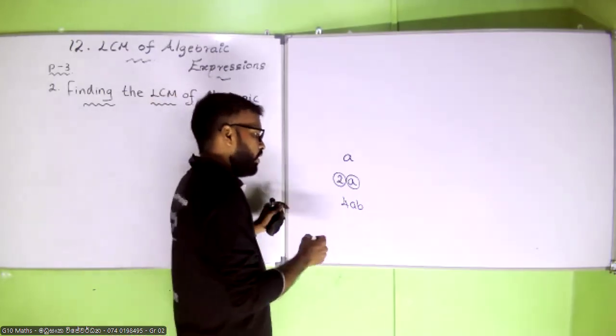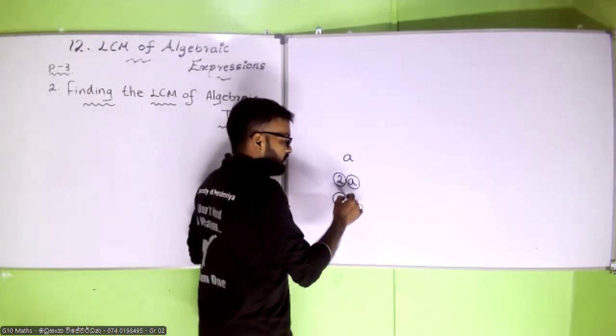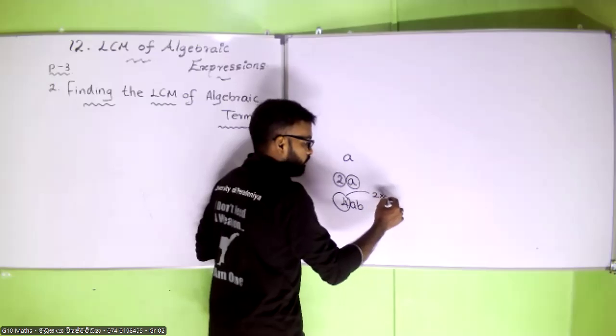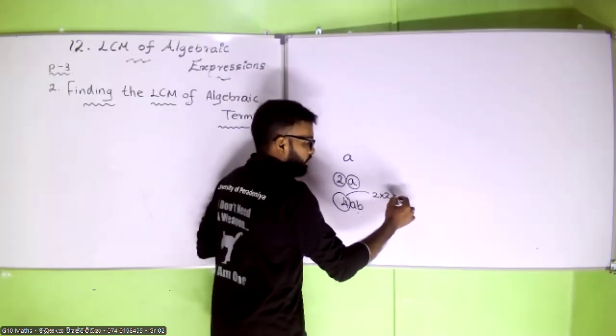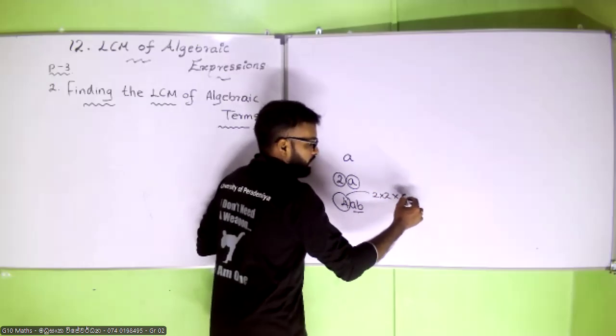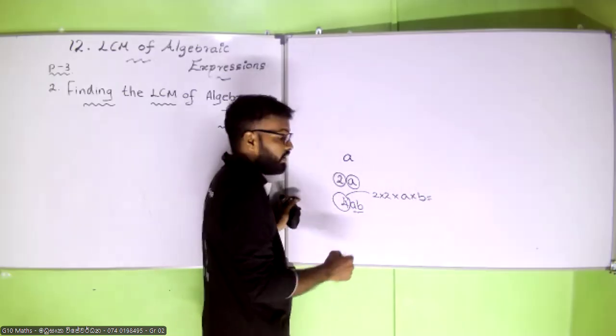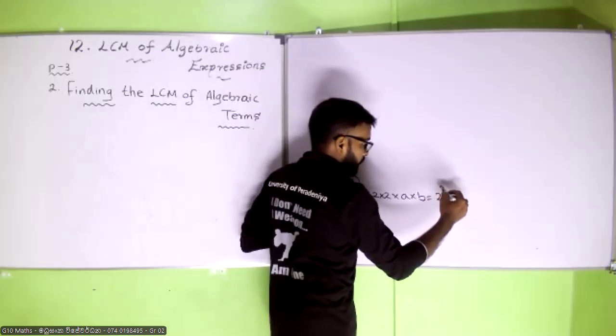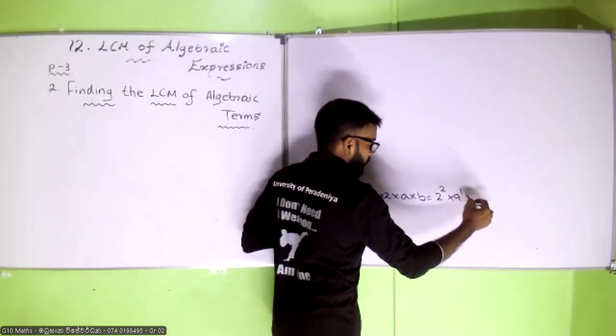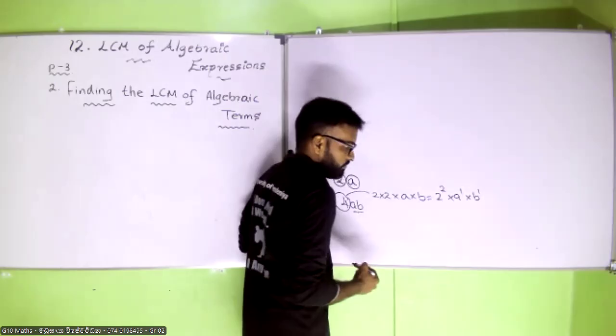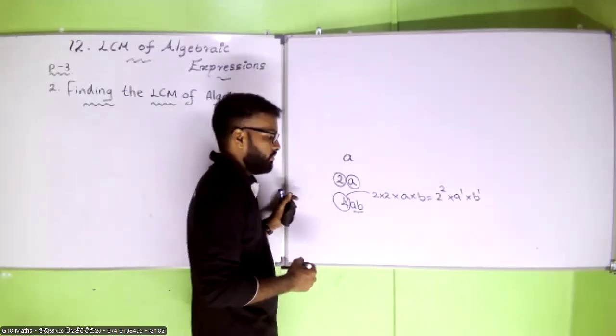Now you know how to represent 4 by using its prime factors, 2 times 2, and A and B can be represented as A multiplied by B. So we can write it as 2 to the power 2, A to the power 1 and B to the power 1, for example.